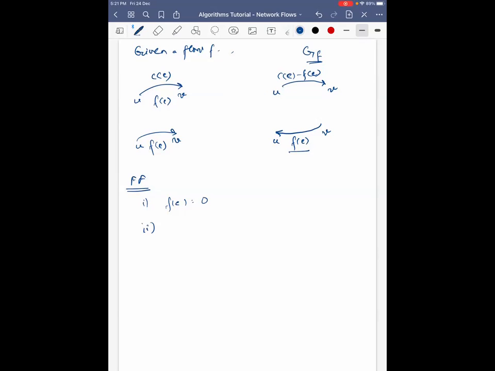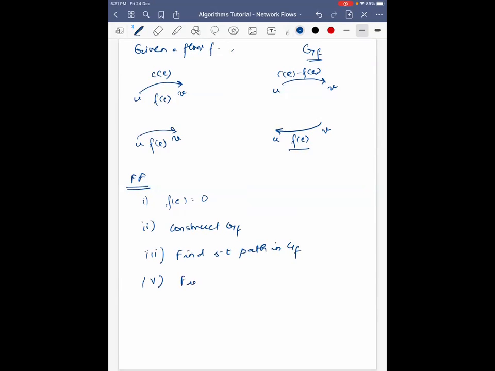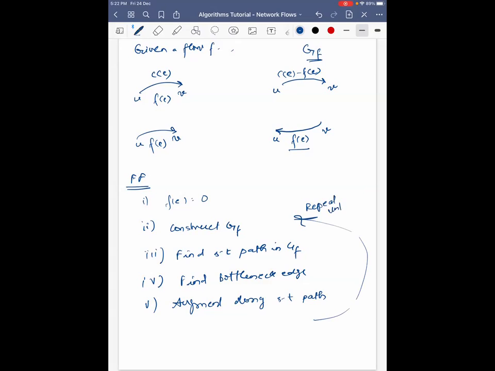Then you construct the residual network GF, find an ST path in GF, find the bottleneck edge, then augment along the ST path, and repeat these steps until there are no more ST paths in the residual network.